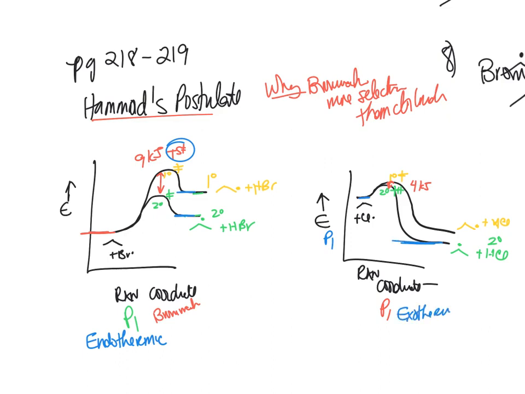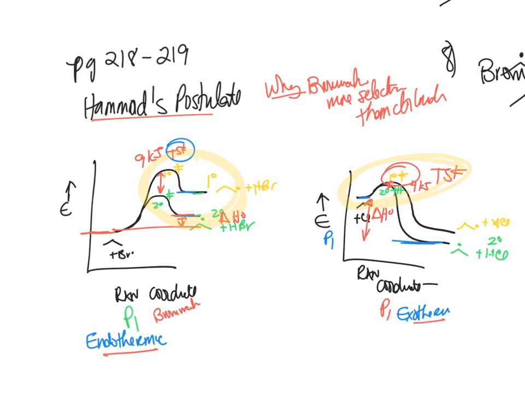You see the difference here? So what's the delta H here? See, this is endothermic, this is exothermic. So in a chlorination, your transition states are closer to the reactants. So your transition states are closer to your reactants here, and your transition states are closer to your products here. So that's Hammond's postulate.